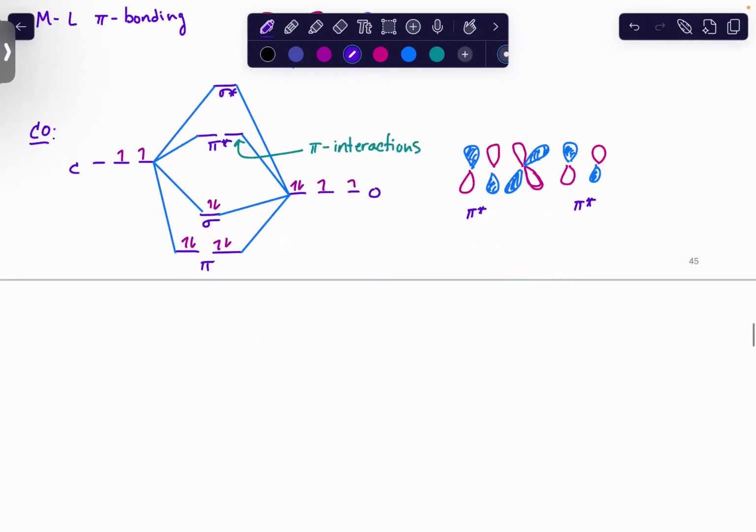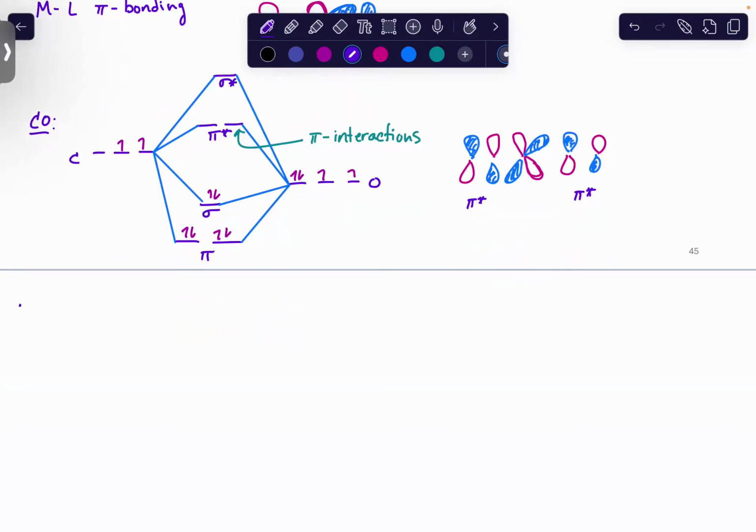Okay, now you tell me, let's use N2 as a ligand. Do you think it's going to be a pi donor or acceptor? Let's refer to these as pi donors and pi acceptors. Your pi donors are purely going to donate. Your pi acceptors are going to have this kind of interaction. Nitrogen has 5 electrons, so 2s2, 2p3.